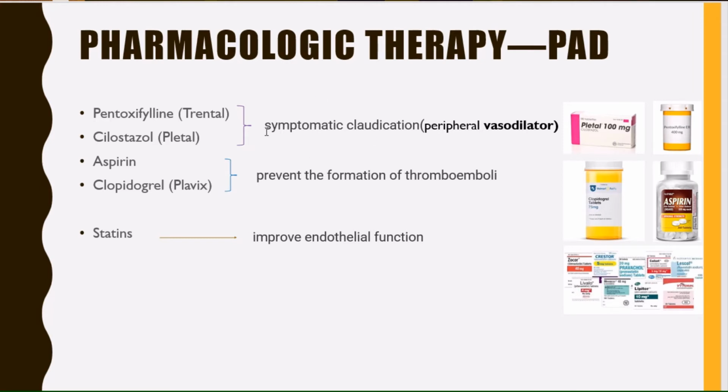Trentol and Platol are used for symptomatic claudication because these medications dilate the vessels. So the patient feels better when you have that vasodilation, the blood can flow. Then these are antiplatelets to prevent thromboemboli or clots. Then statins are to improve the endothelial function.